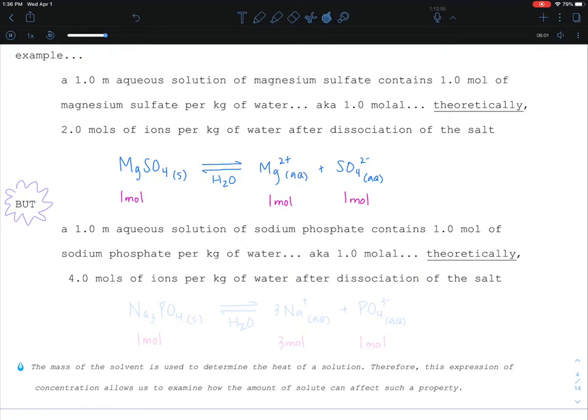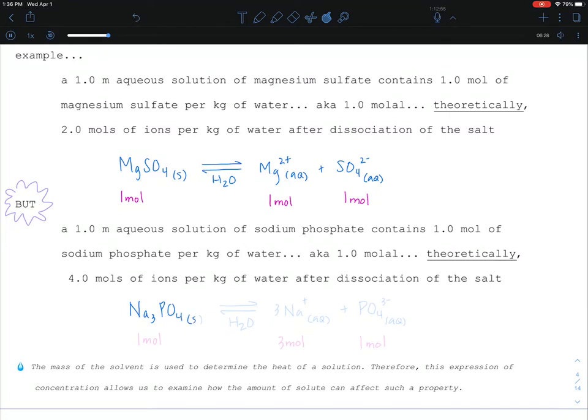What if, though, I have a totally different salt and it doesn't dissociate to give me 2 moles of ions? What if, for example, I take something like, say, sodium phosphate. So sodium typically has a positive 1 charge. Phosphate has a negative 3 charge. So I'm going to need 3 sodium ions to balance out 1 phosphate.